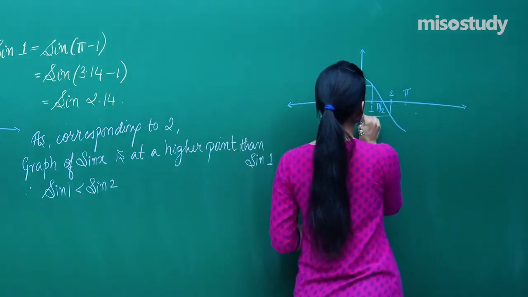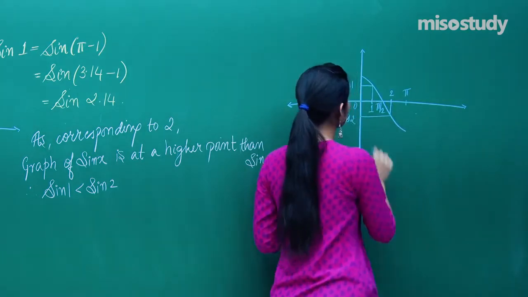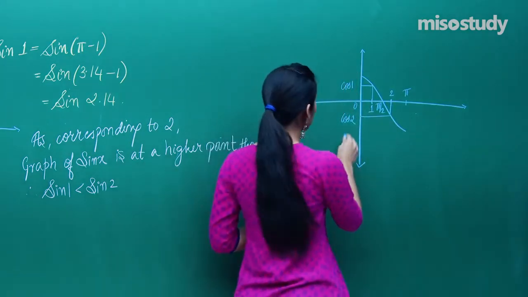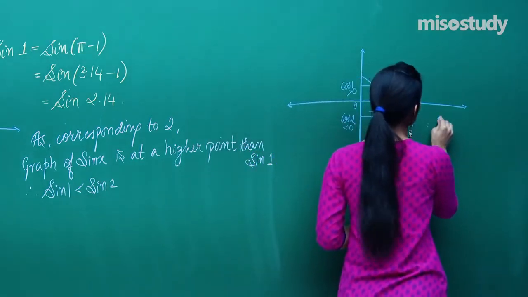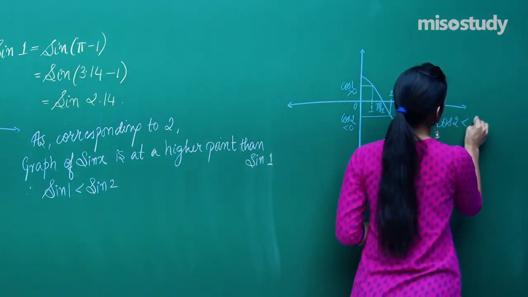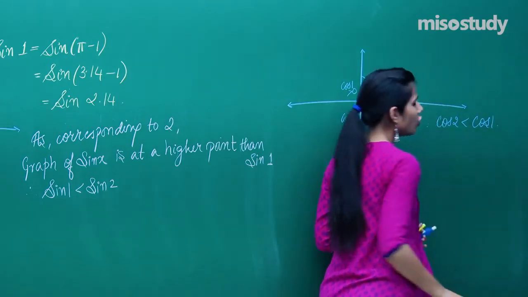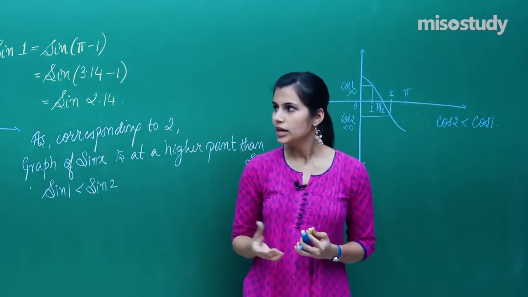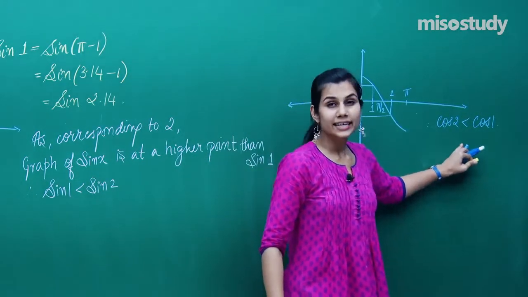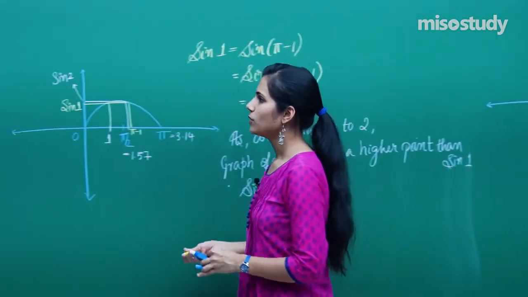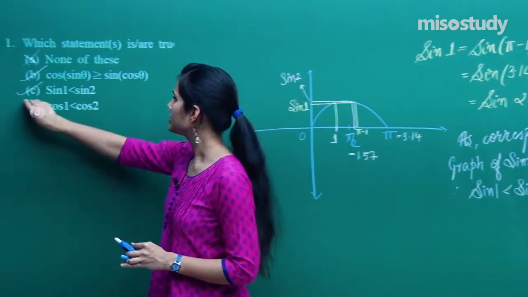Corresponding to 2, this is your cos 2. Clearly you can see cos 2 is negative, cos 1 is positive, therefore cos 2 is less than cos 1, or cos 1 is greater than cos 2. So sin 1 is less than sin 2 but cos 1 is greater than cos 2, and that is why option number D is wrong.